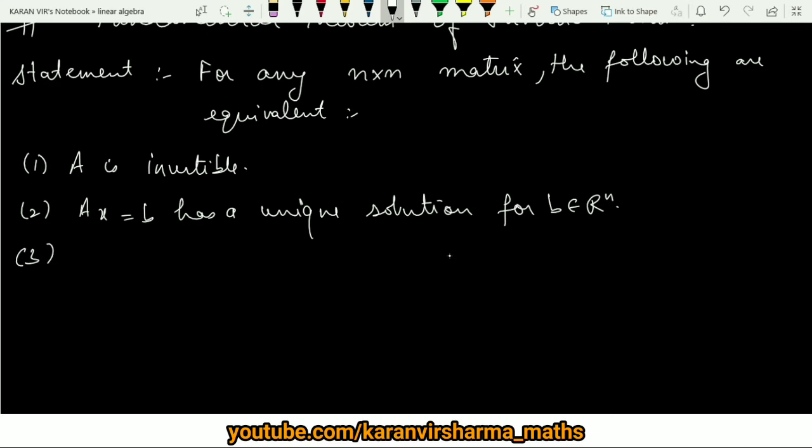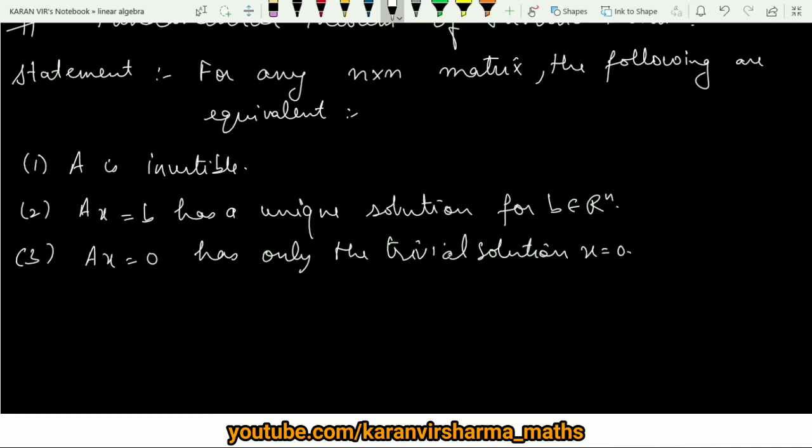The third statement says Ax equals 0 has only the trivial solution. And when I say trivial solution, what I mean is that x must be equal to 0. That is the only solution for the above system. And the fourth statement is the row reduced echelon form, RREF, of A is nothing but identity.